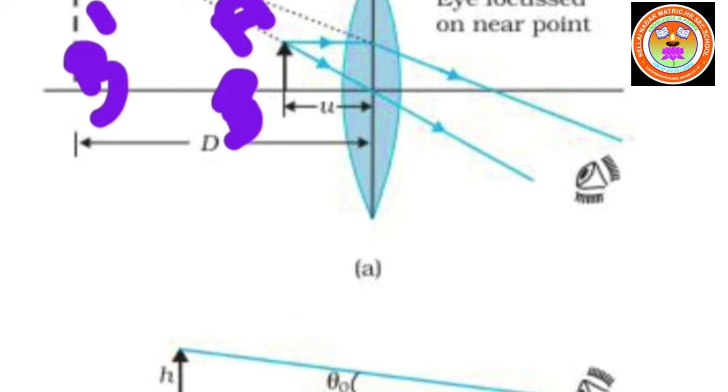The image is formed on the same side as the object, at a distance equal to the least distance of distinct vision. For the normal human eye, the least distance of distinct vision is 25 centimeters.